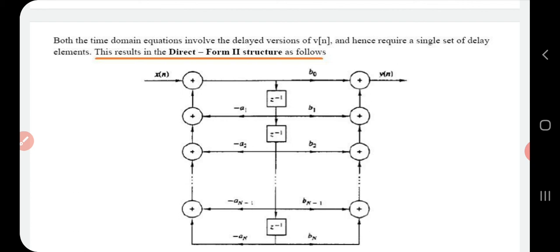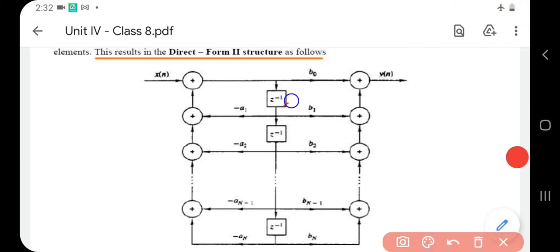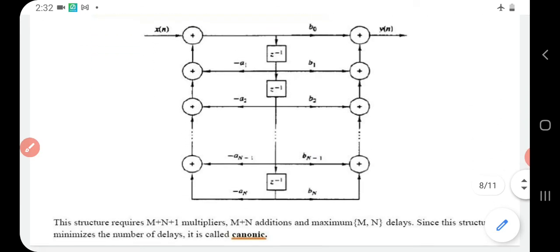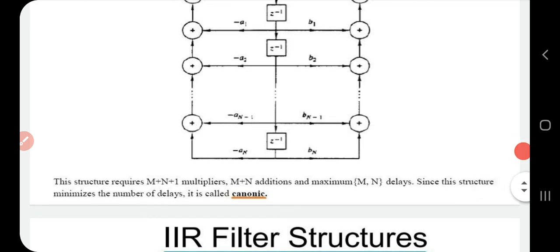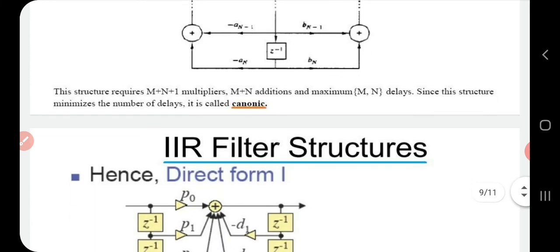Why do we say delay elements? Here there is z raised to minus 1, so some delay elements are there. Here also there are m plus n plus 1 multipliers, m plus n additions, and a set of delays. Now this structure minimizes the number of delays, and so it is also called canonic.